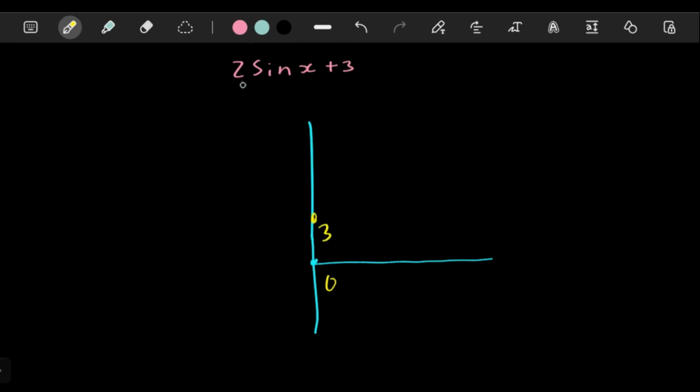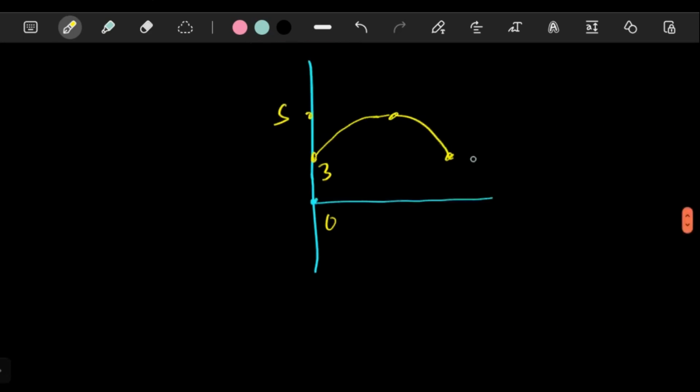This is telling you the amplitude, meaning from 3 it goes 2 upwards all the way to 5, and then it comes 2 down back to the 3, and then it goes 2 down, that's like 1, then it goes back up.